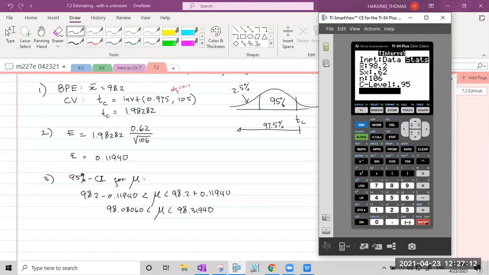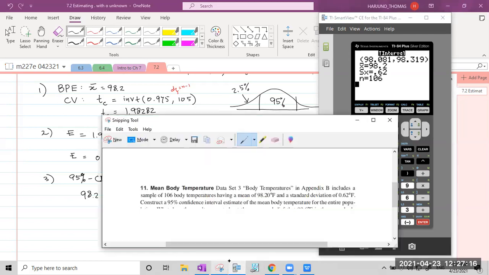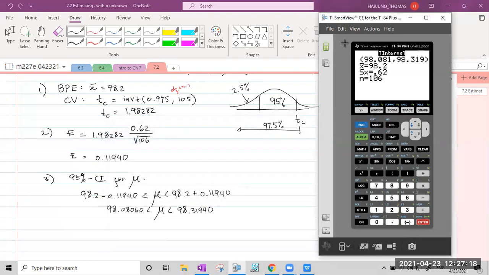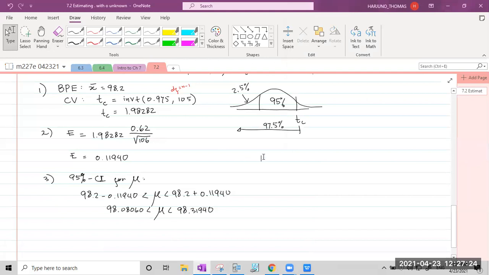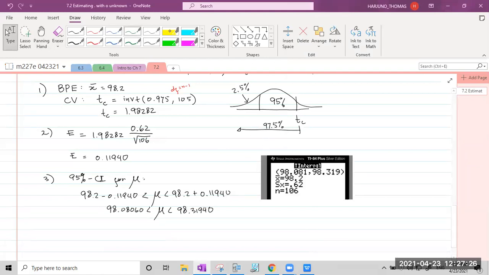Confidence level still 95%. This is what we get. So if we confirm, the left bound up to 3 decimal places is correct, and the upper bound up to 3 decimal places is correct. Okay, so we can confirm that we did it right.